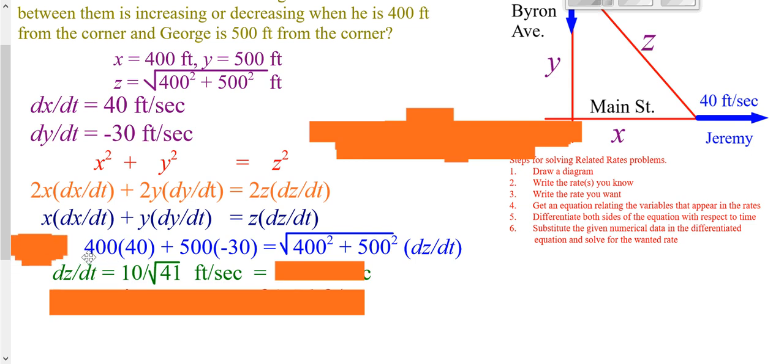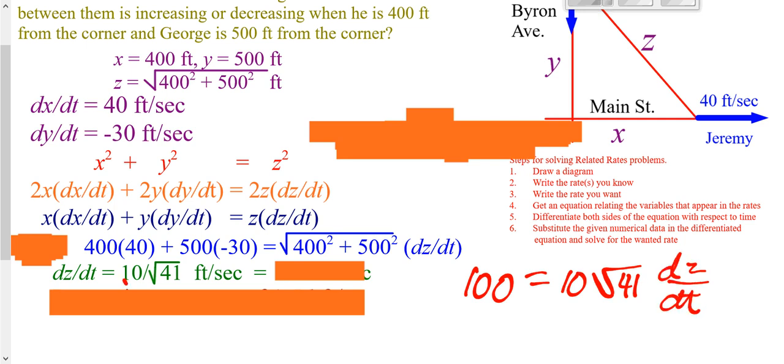So we can get 1600 here minus 1500 is 100, divided by the square root of this, which that ends up being 10 root 41. So if on the left-hand side you had 100, the right-hand side you had 10 root 41 times your dz over dt, that's where we get this from.